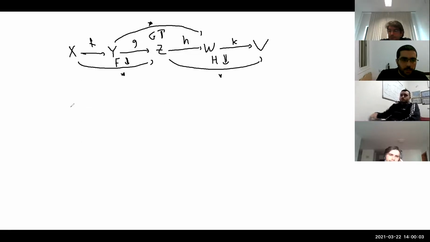So we have the following. We have this F, and we have a null homotopy, this composition, sorry, F with G, and we have a null homotopy for this to a constant map. Okay, the star is a constant map, a map to a point, and this is the homotopy between them. And we have a null homotopy from the composition GH, a null homotopy of G with the constant map.